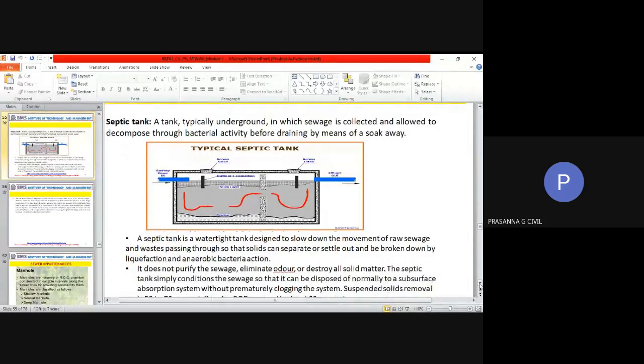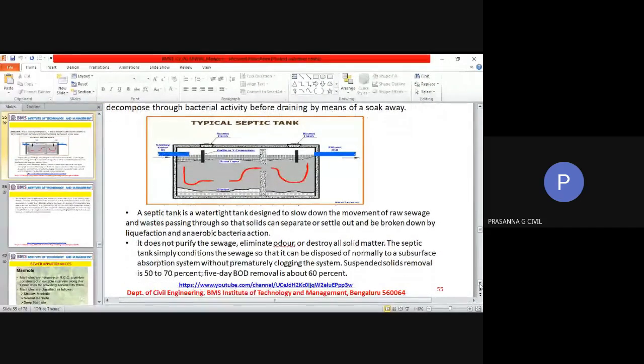So a septic tank is a watertight tank designed to slow down the movement of raw sewage and waste passing through, so that the solids can separate out, settle down, and be broken down by the bacterial action, which is anaerobic action. It does not purify the sewage.